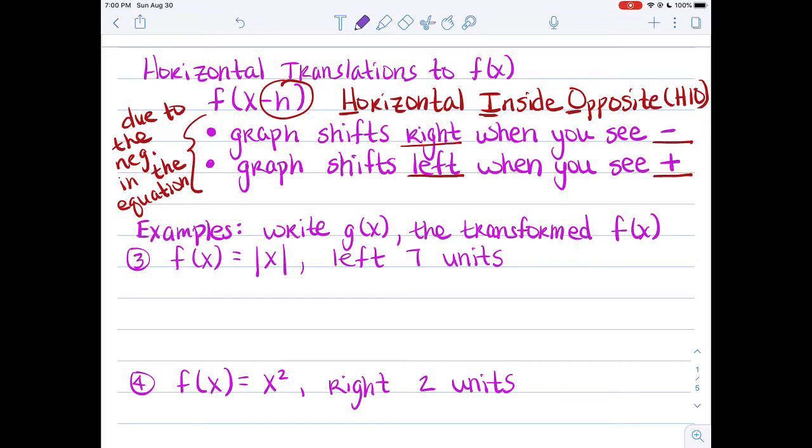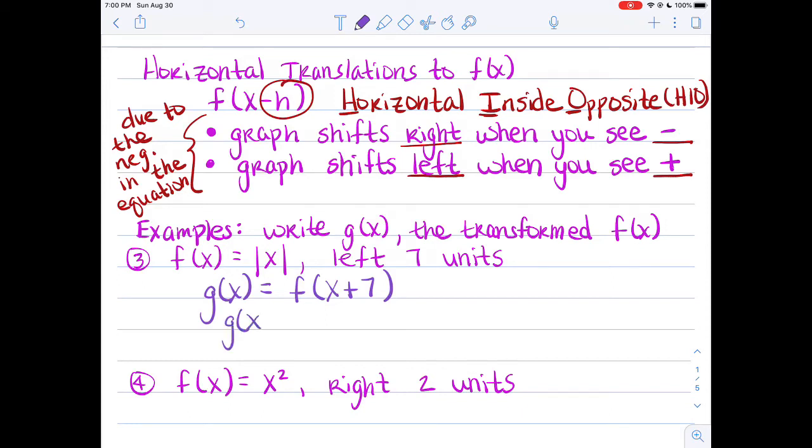So if we want to write our transformed function g of x, let's first start with our rule statement. So g of x is equal to, we're moving left 7 units, so it's going to be f of x plus 7. Remember, to move left, we need to see a positive sign there.